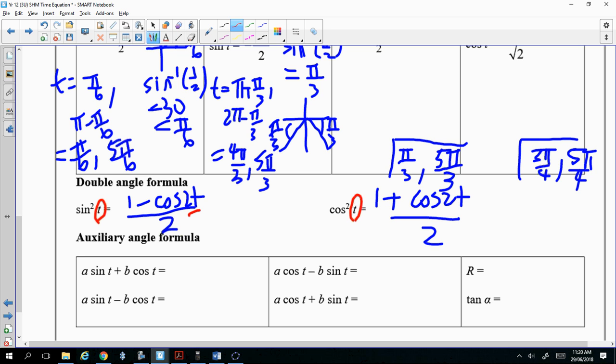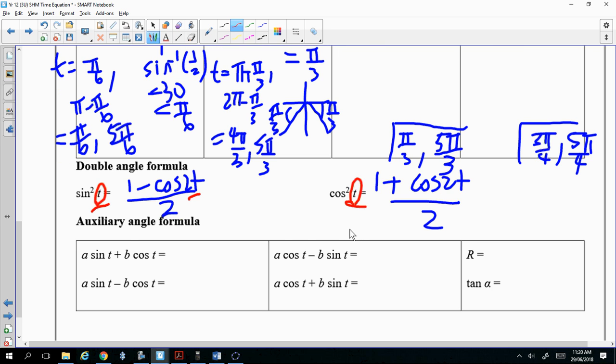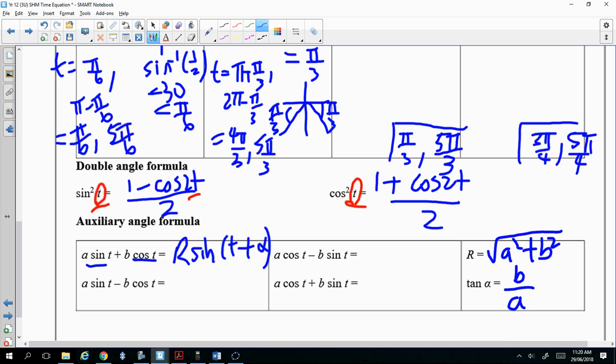And then you also have this auxiliary angle formula. The auxiliary angle formula is when you have a sum of sine and cos, that could be written as r sine (t plus alpha), where r is the square root of a squared plus b squared, and tan alpha is b over a. And the same thing for the other three.